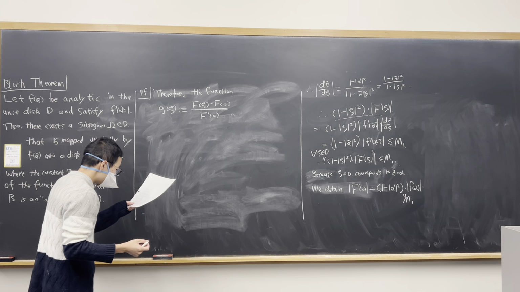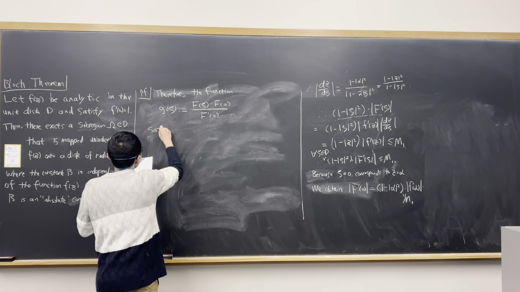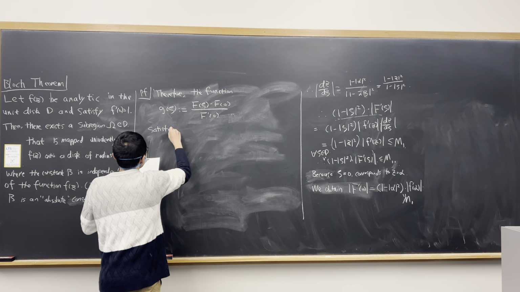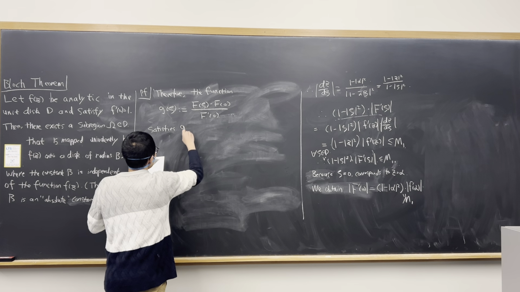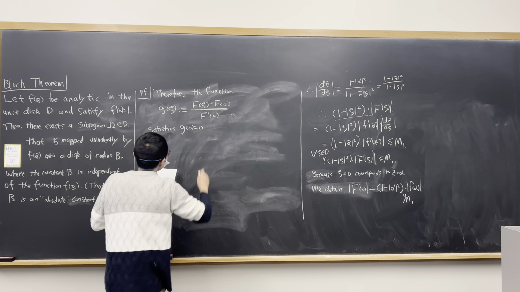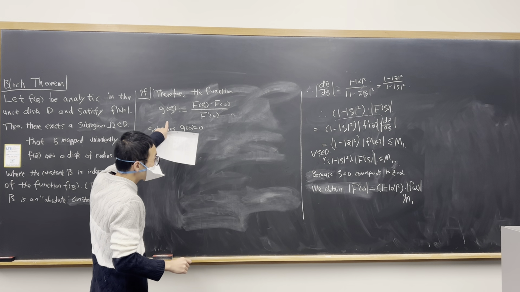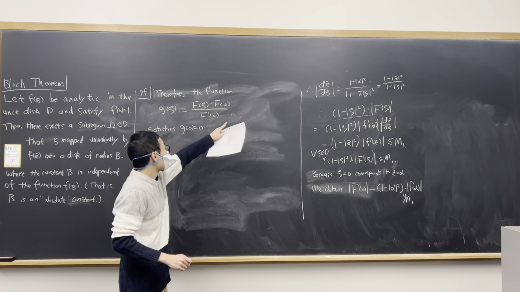This function satisfies g of 0 equal to 0. Basically, if you plug in 0 here, the numerator will give you 0.